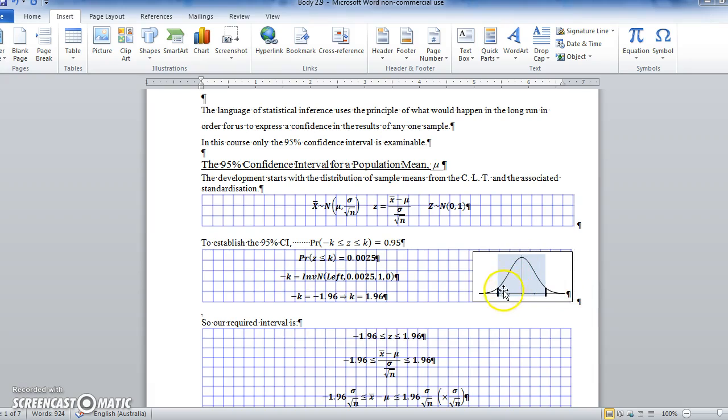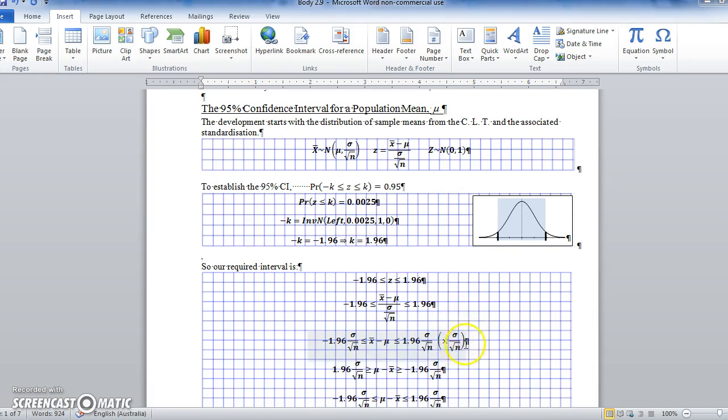So the bigger our sample size, the more area is going to be closer to the mean, and that's also going to help us reduce the size of our confidence interval, meaning that we're going to get a smaller confidence interval and we're going to be able to say more about the mean. That simply comes from the fact that the standard deviation of our distribution of sample means is inversely proportional to the square root of n.